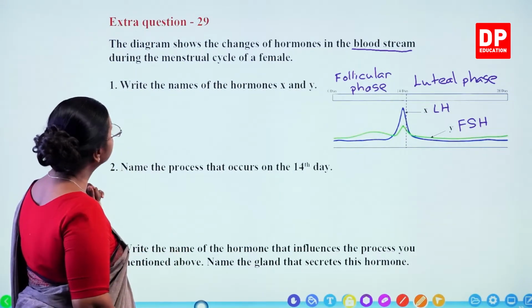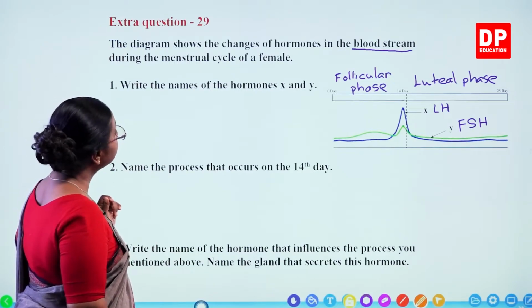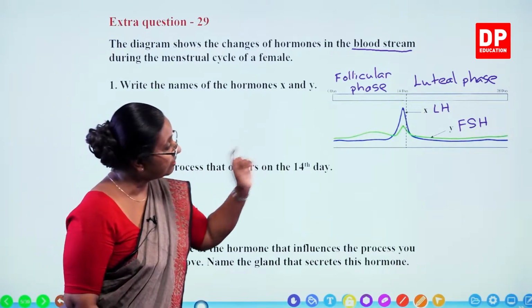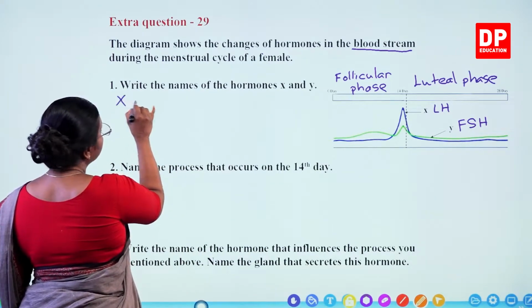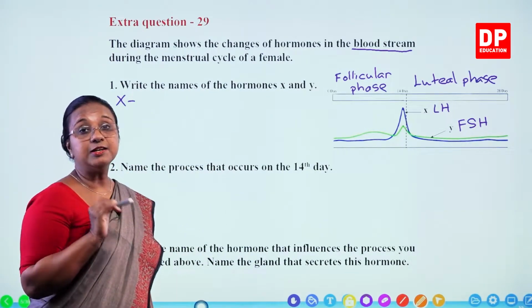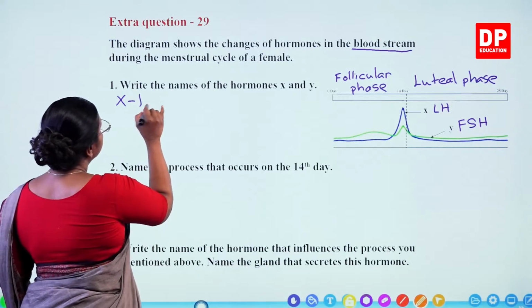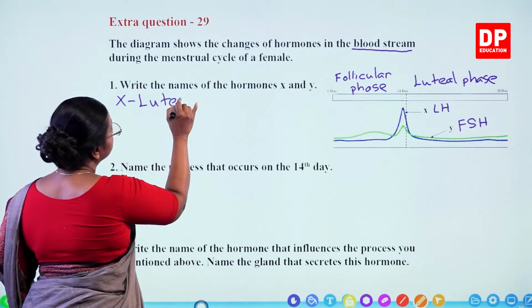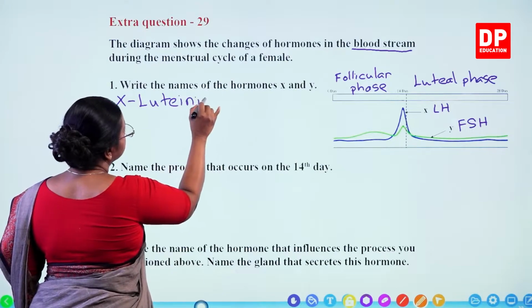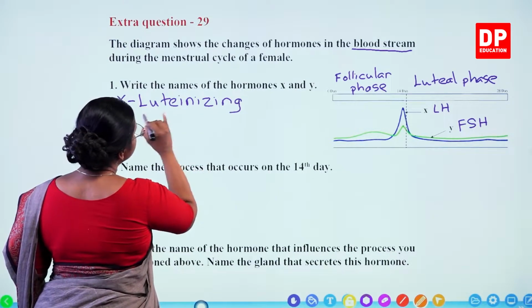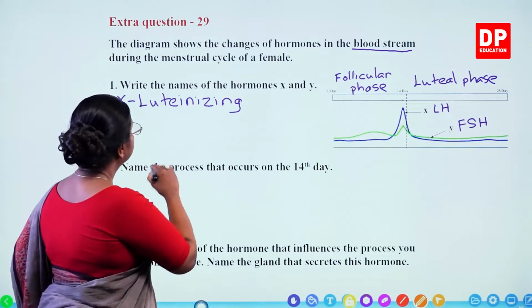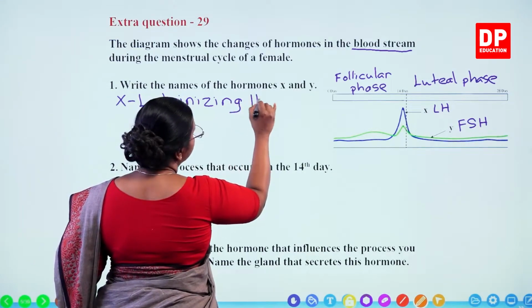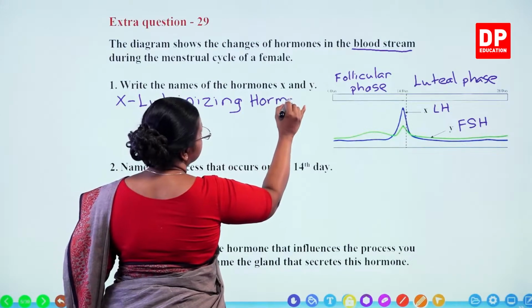So here the first question. Write the names of the hormones X and Y. So we have already identified them, but when you all write, it is better to write the full name. X is luteinizing hormone. I have told you all, students, luteinizing, you can use a Z or an S, luteinizing hormone, and both have to be capital letters.